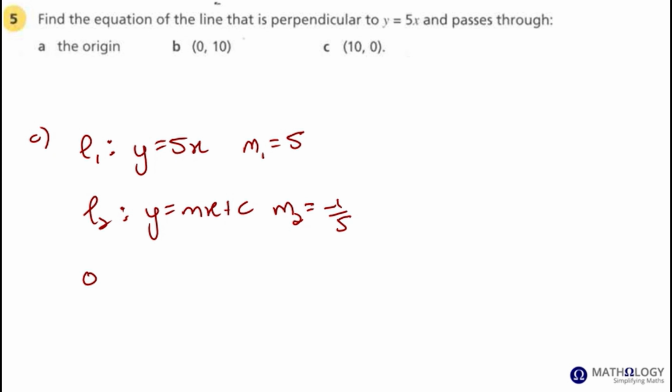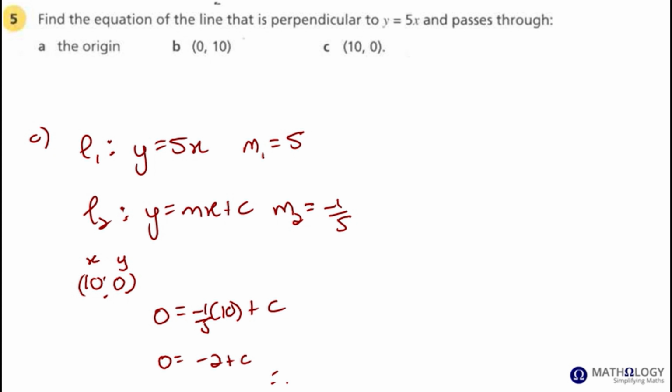The point 10, 0 lies on line 2. x is 10 and y equals 0. So 0 equals minus a fifth times 10 plus c. 0 equals minus 2 plus c. c equals 2. Line 2 therefore has equation y equals minus a fifth x plus 2.